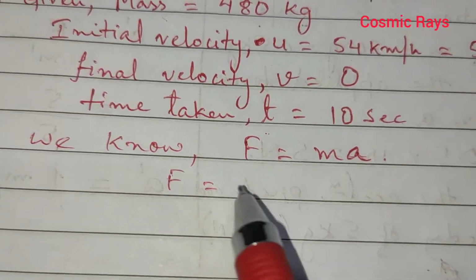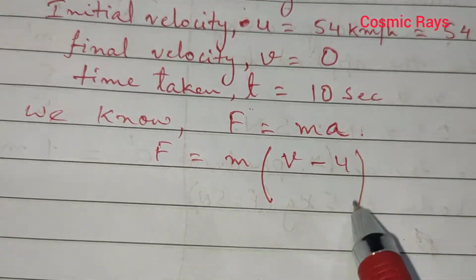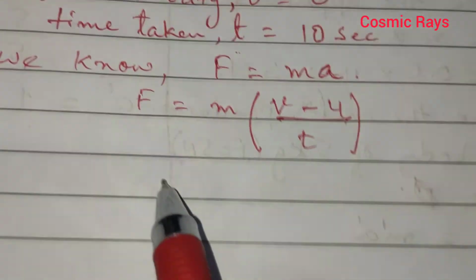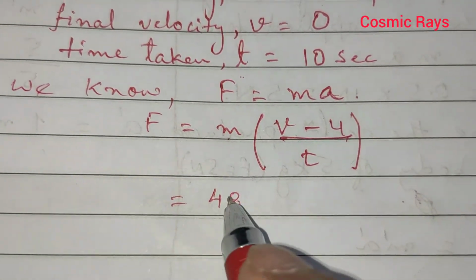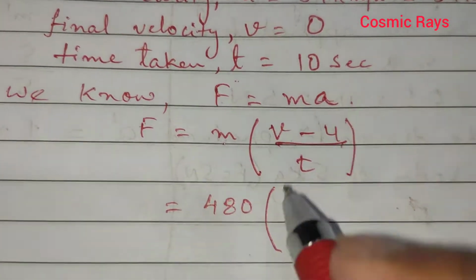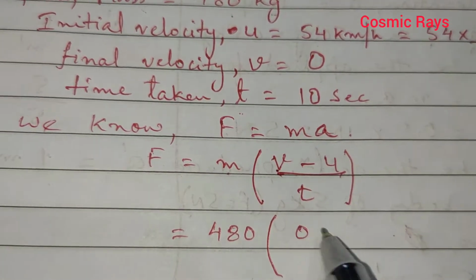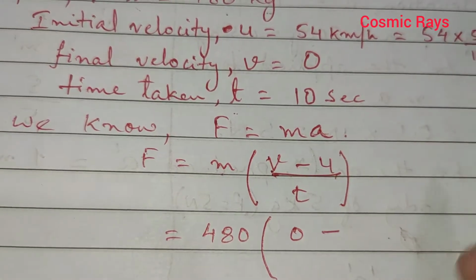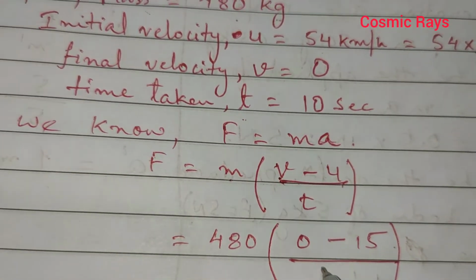I'm going to put it in the same equation. So we know acceleration is given by final velocity minus initial velocity upon time taken. So mass is given as 480 kg, and then we have final velocity, which is 0, minus initial velocity is 15 divided by the time taken, that is 10 seconds.